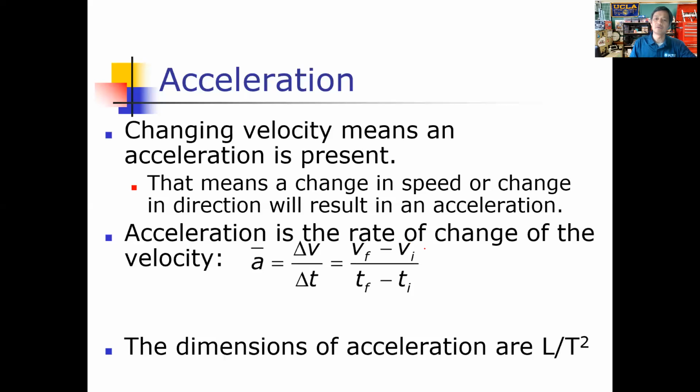These are what we refer to as the instantaneous velocity. That's the velocity at this given time, and this velocity represents the velocity at this particular time as well. Okay, and so that's how we describe the acceleration. And we're going to see today, hopefully, that we can obtain this velocity here.